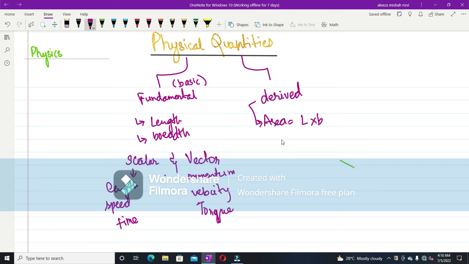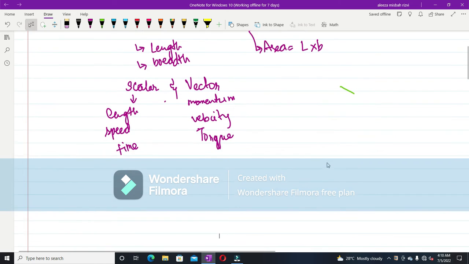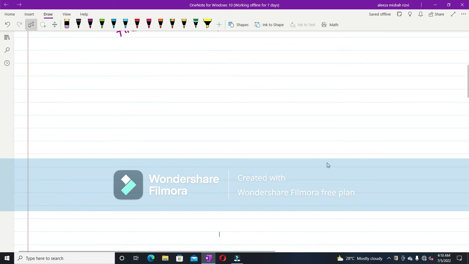Okay, so now I'm going to give a brief review of the prefixes which we can use to define these physical quantities. Prefixes are just used to simplify or reduce the paperwork, the calculations.